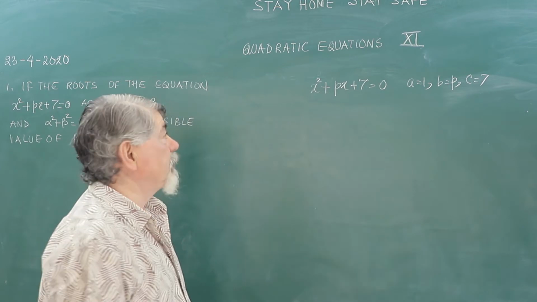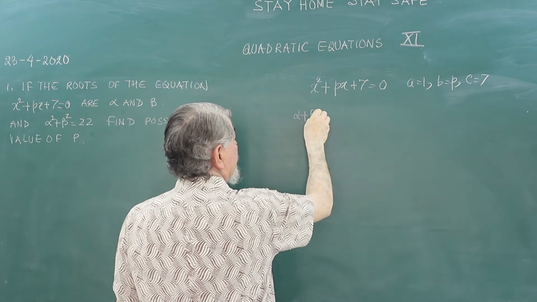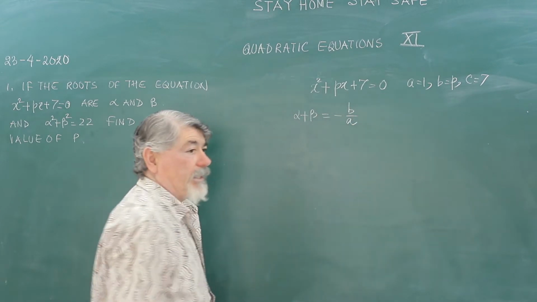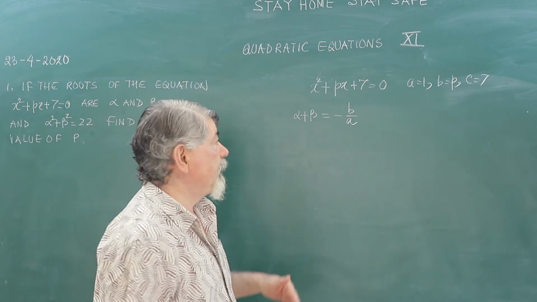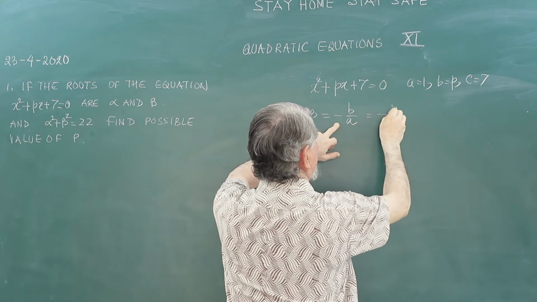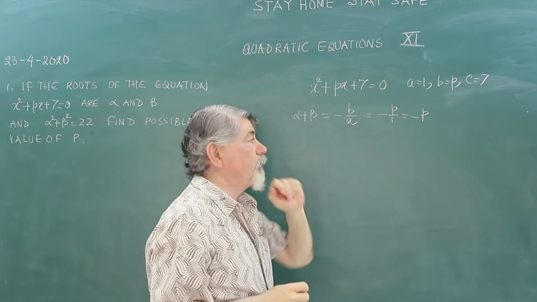So first of all, let us calculate the sum of roots. Alpha plus beta will be given by minus b upon a, minus the coefficient of x upon the coefficient of x square. So here it is minus p upon 1, that is minus p for this particular equation.